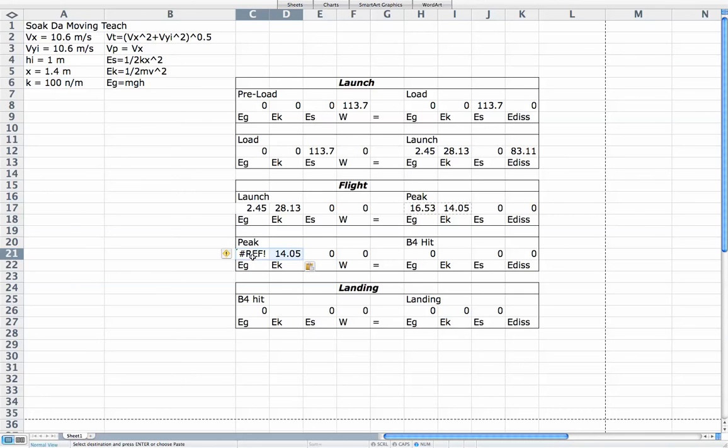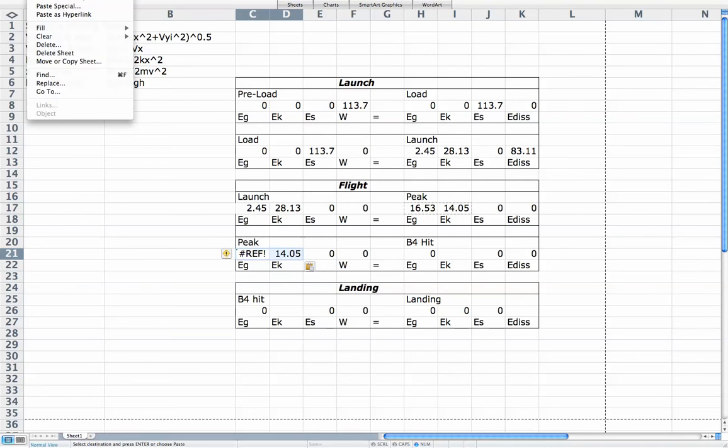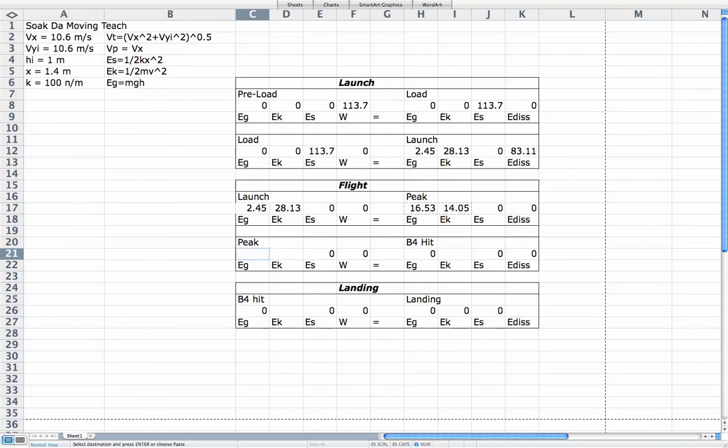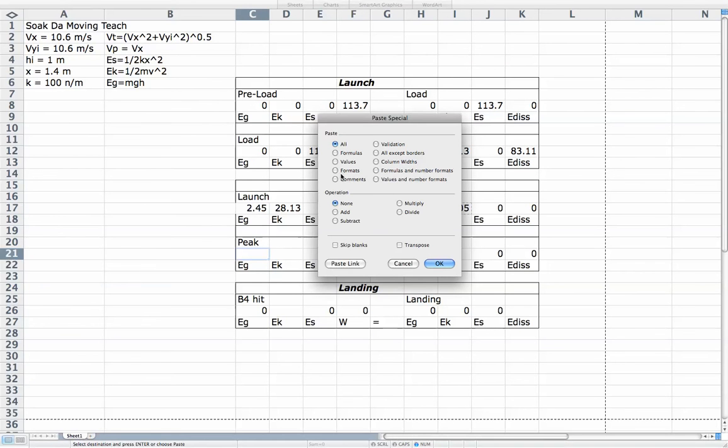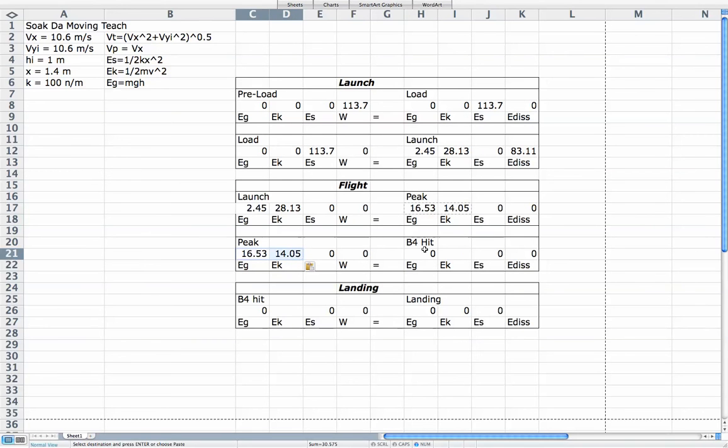And I should have pasted... I'm just going to paste as values so that I don't have that reference problem. And then I know that right before it hits the ground, all of the energy will be kinetic, so it'll be this plus this.